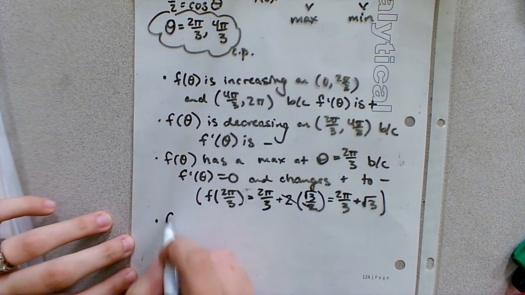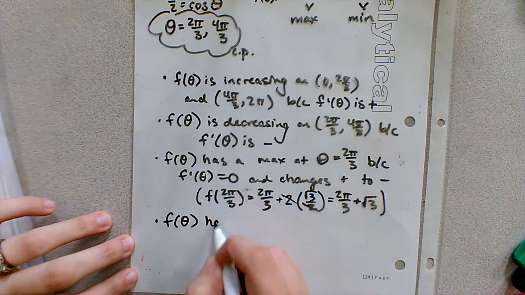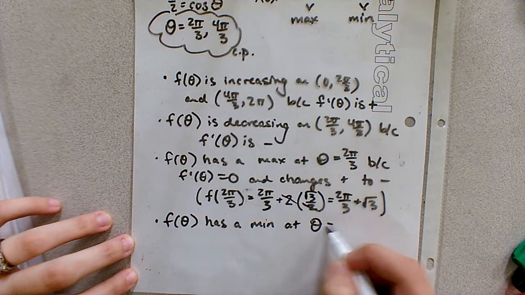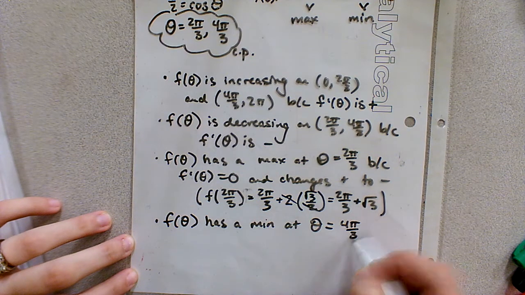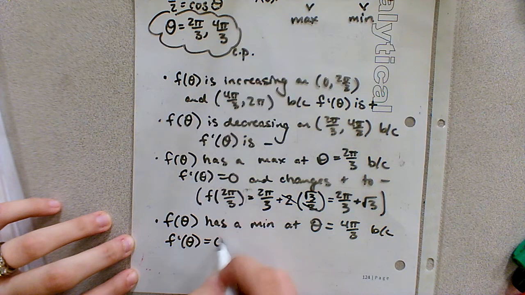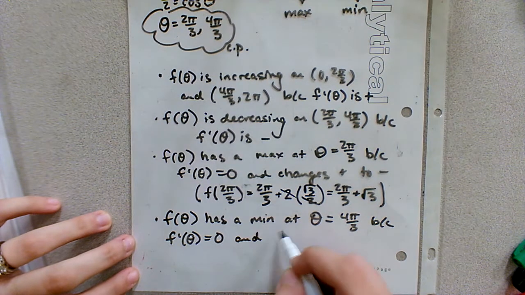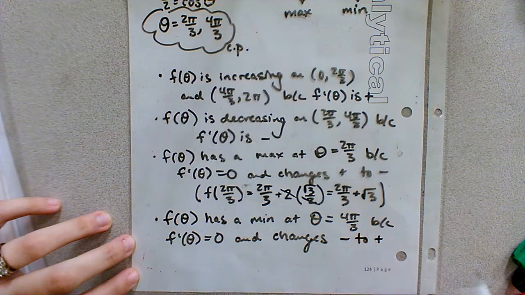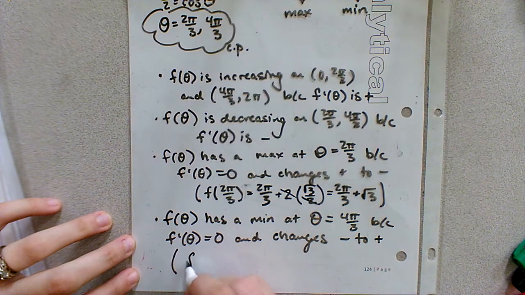Let's go ahead and try the minimum. So f of theta has a min at the theta value of 4 pi over 3 because the derivative was 0 and changes negative to positive. Let's go ahead and find that actual ordered pair on the graph.